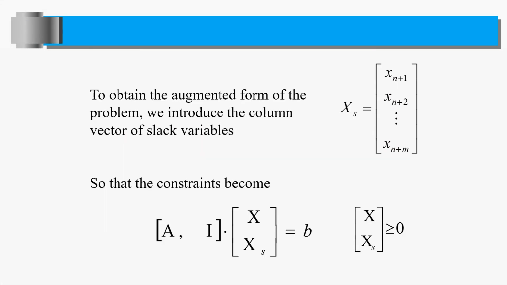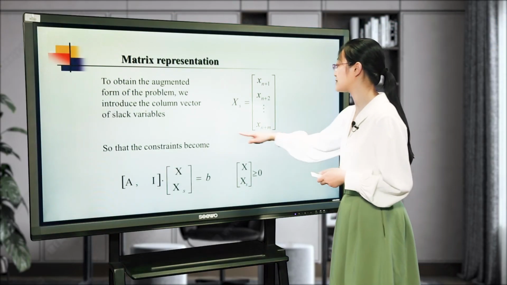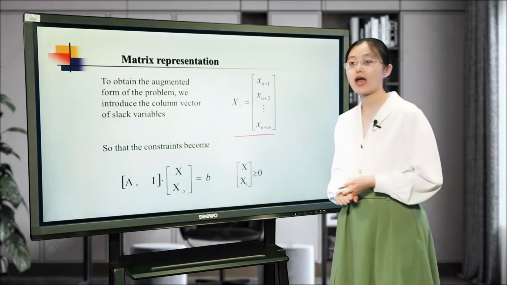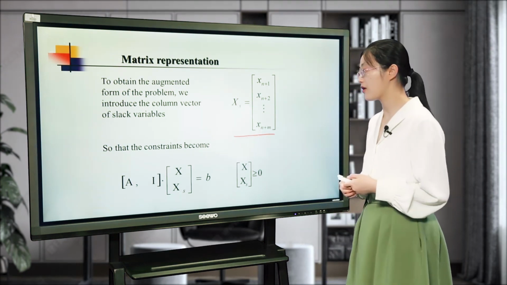And then, of course, if we have a linear programming problem in the form of less than or equal to, we can introduce slack variables to make all the inequalities equations. If we introduce a column vector of slack variables, we also have the equation form of our linear programming problem.